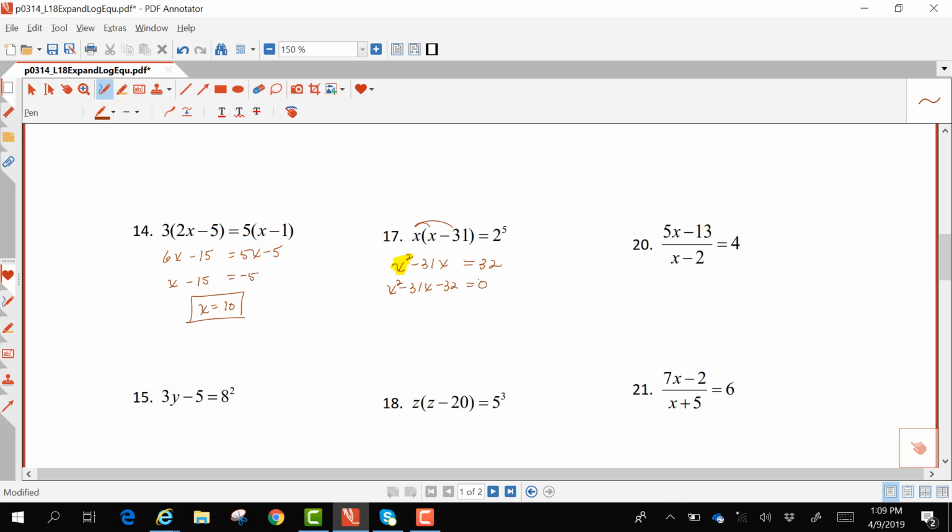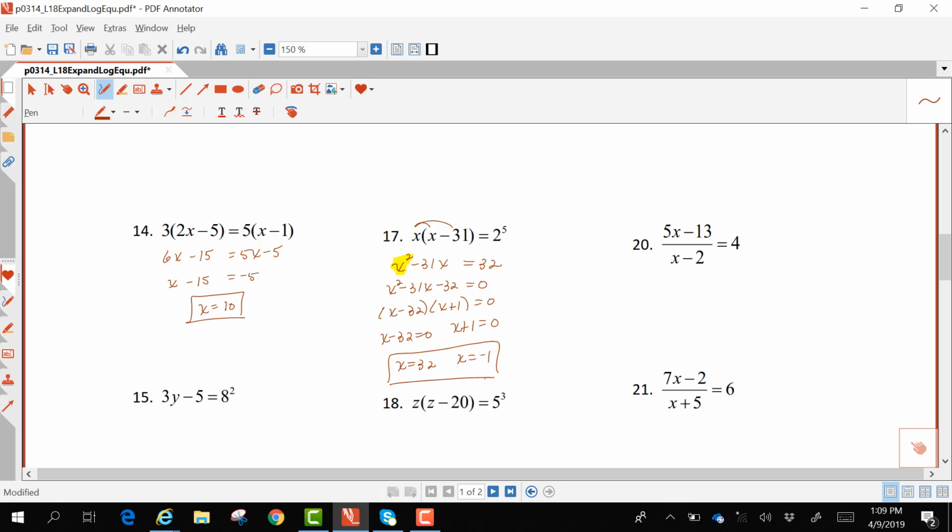Now I would either factor or go to the quadratic formula, but this one factors into an x minus 32 times an x plus 1. We now set each factor equal to 0 and come up with two solutions to our quadratic equation.